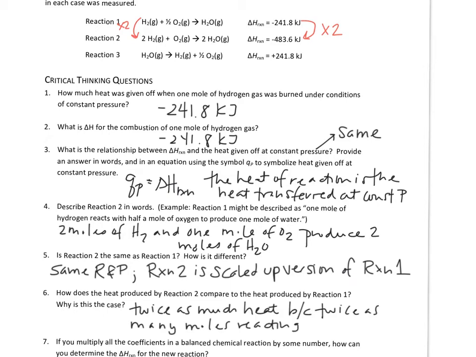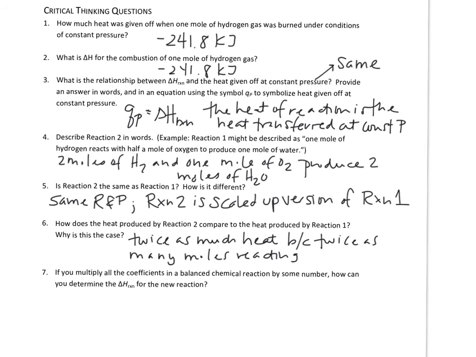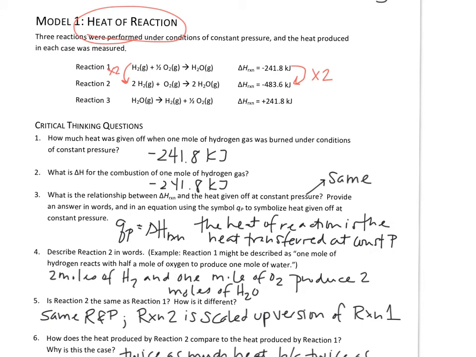So the heat produced by reaction 2 is twice as much heat as reaction 1 because there are twice as many moles reacting. So if we multiply all the coefficients in a balanced chemical reaction by some number, how can we determine the delta H of reaction for the new reaction? Well, if we've multiplied by some number, like we did here, we multiplied by 2 to get from reaction 1 to reaction 2, then we would also multiply the enthalpies by that same number.